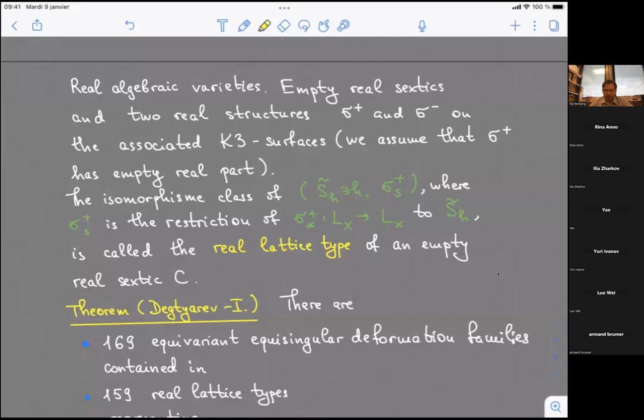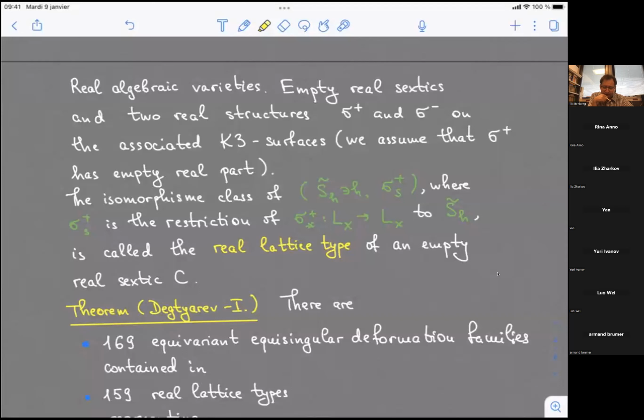But if we assume that our real sextic is empty, in fact one can do the same thing in a more general situation, but for the moment, let's assume that our real sextic is empty, I claim that in this case, I can distinguish between these two lifts. I just need to choose one of the two lifts in some canonical way.